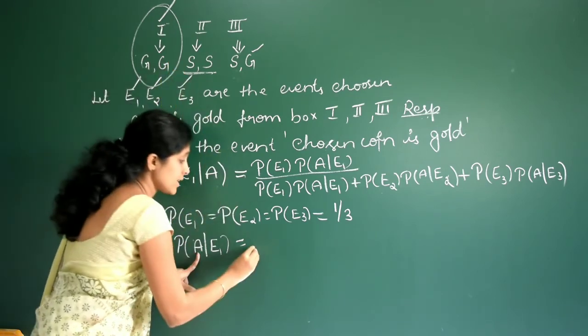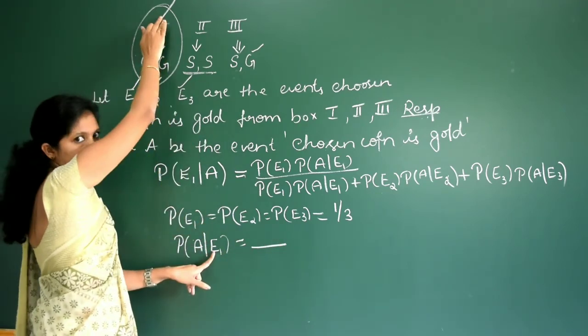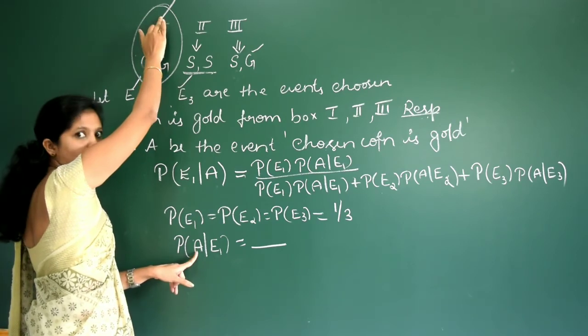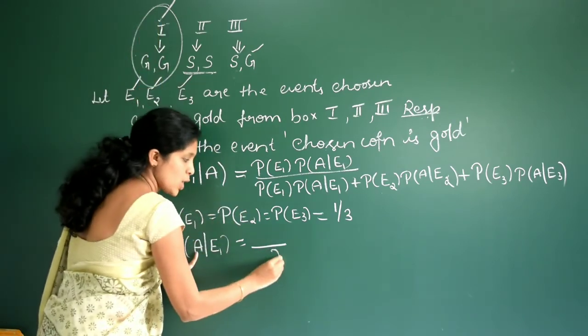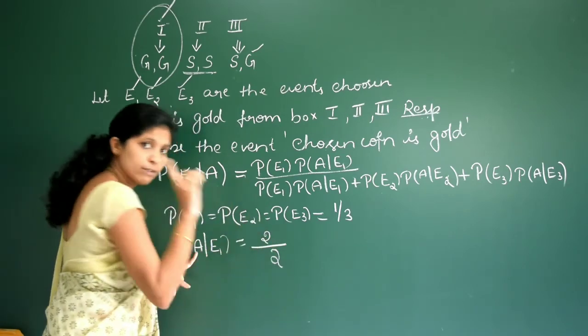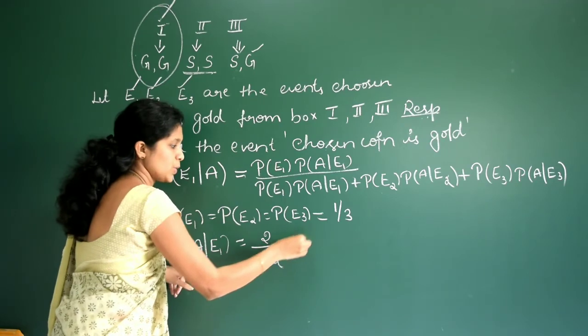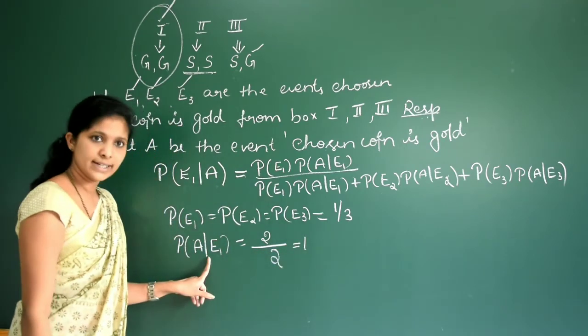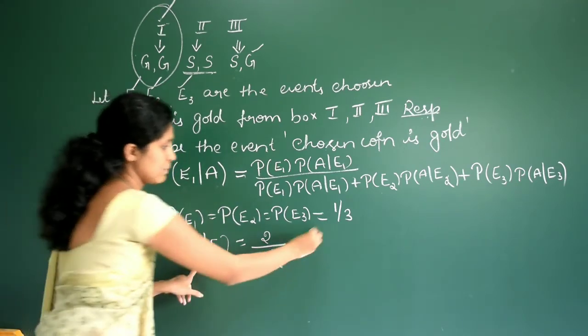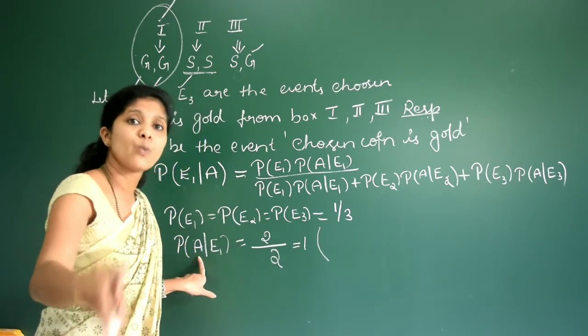How many coins are there in total? Here is bag 1 and it should be a gold coin. So the total number of coins is 2, right? Choosing a gold coin is also 2. It will be equal to 1 because both are gold, right? So this is equal to 1. Better you write here, in brackets, probability of choosing a gold coin from bag 1.